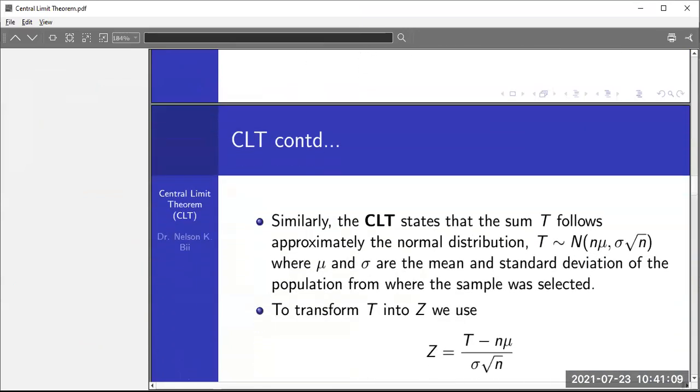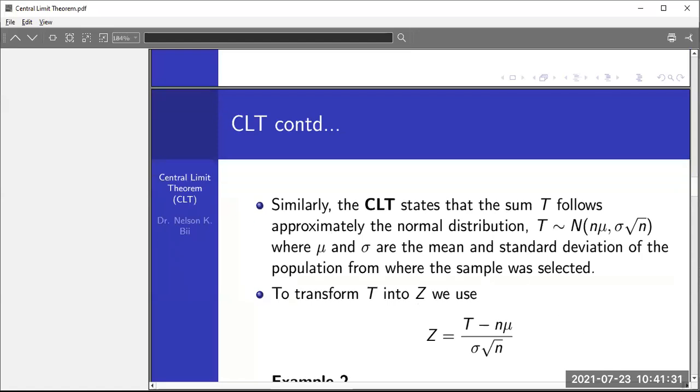So similarly, we can say that the central limit theorem states that the sum, that is T, follows approximately a normal distribution, where mu and sigma are the mean and standard deviation of the population from where the sample was selected. So you standardize the total.